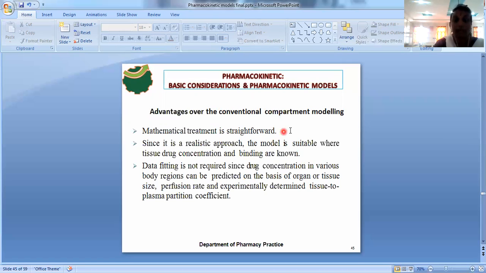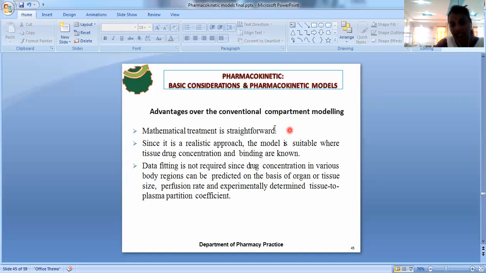But in the compartment models, sampling has to be done, concentrations have to be taken, and data fitting has to be done using the plasma concentration time profiles, and you need to take the slope and substitute it in the respective mathematical formulas.